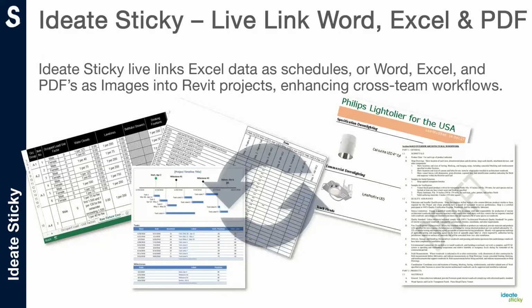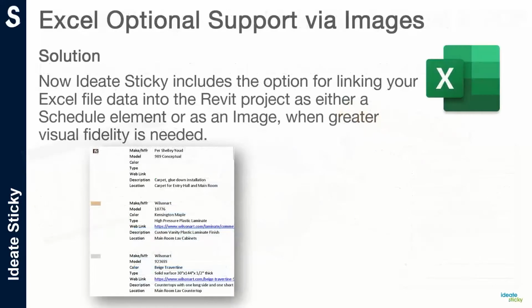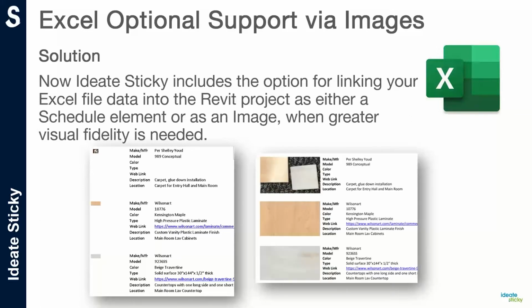So if the Excel data changes, it automatically updates. Well, as Glenn has said, we recently added Word and PDF support as well. And the idea with both Word and PDF, and as Glenn has mentioned, even with Excel, you have the option to choose images. And the advantage here is the fact that the paradigm of the Revit schedule, right?